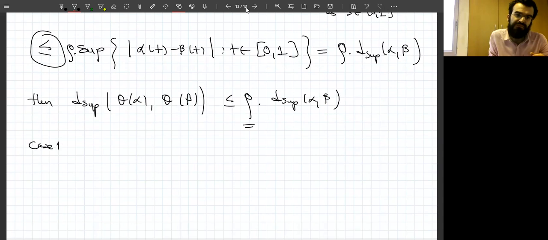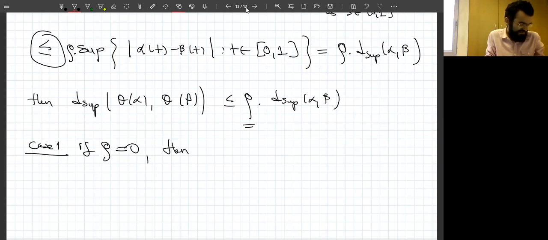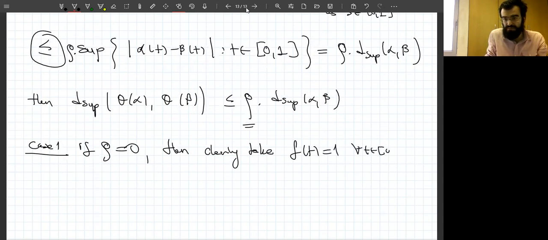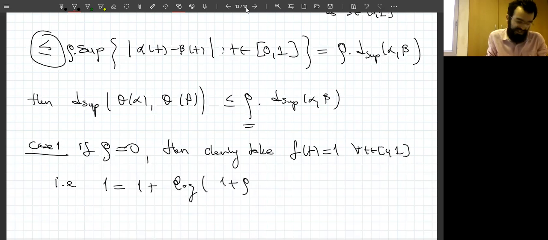Case 1. If rho is 0, then clearly take f is 1, so f of t is 1, a constant function. f of t equals 1 plus logarithm of 1 plus this thing.